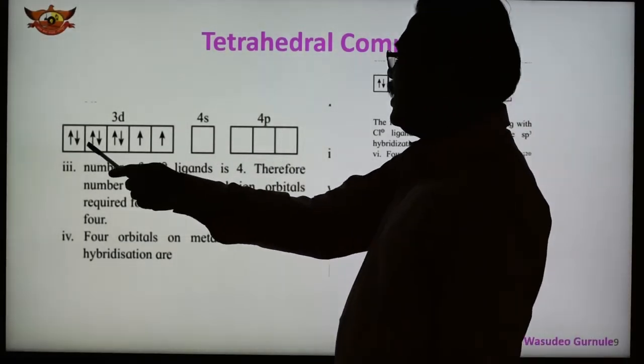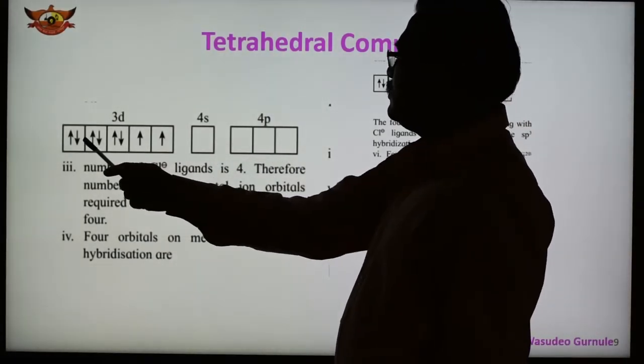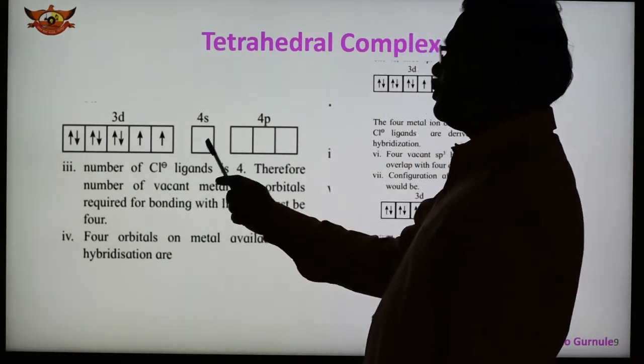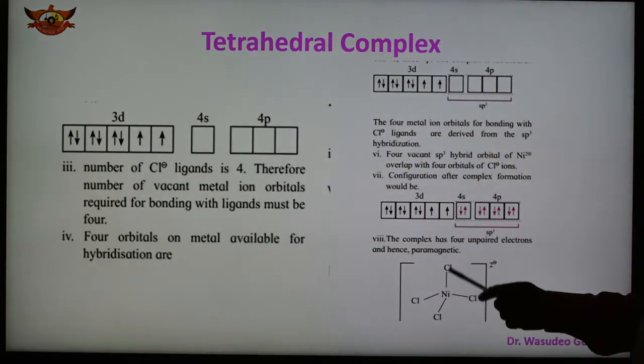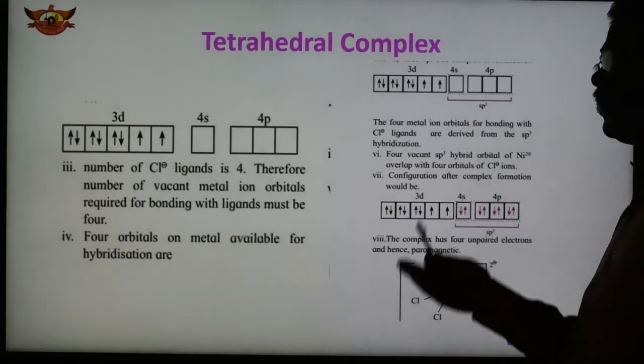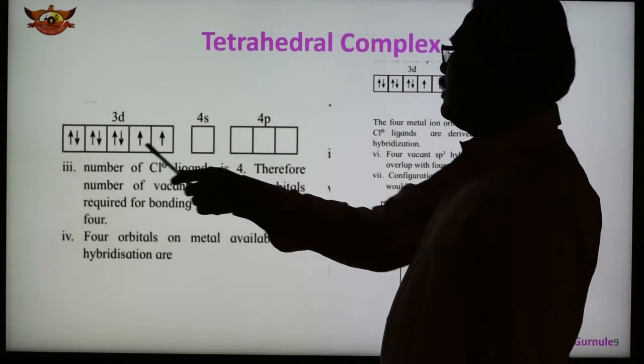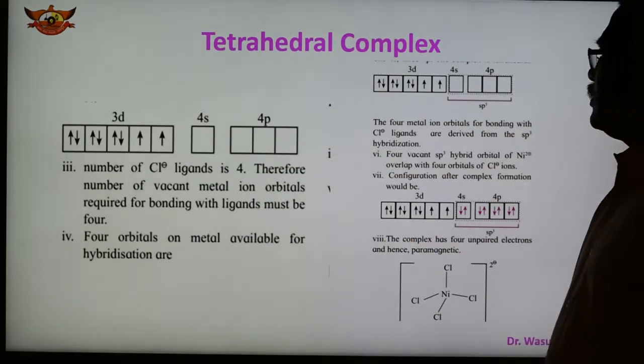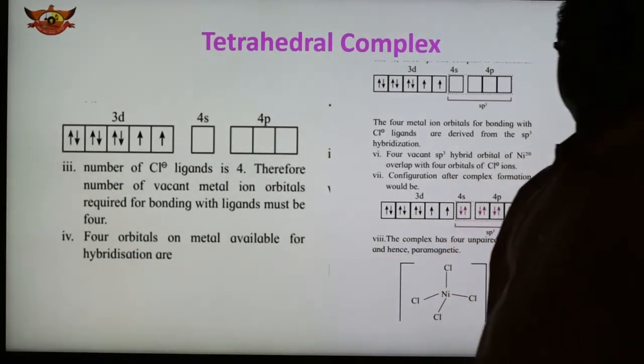Here 3d8 is shown, 6, 7, 8. In this complex nickel has a 2 plus charge, so 2 electrons are lost from 4s, and these 8 electrons are left. So this is the configuration of nickel 2 plus.